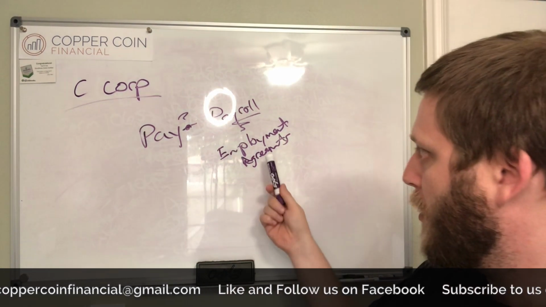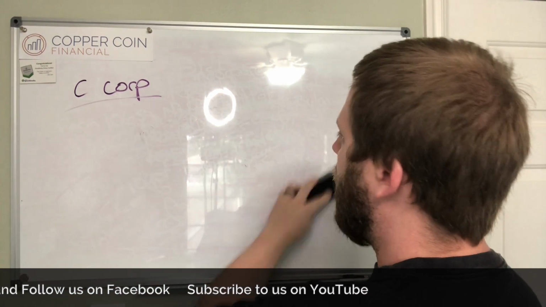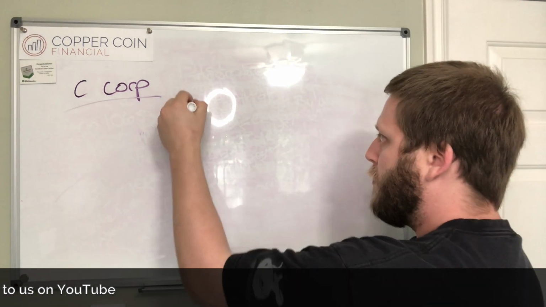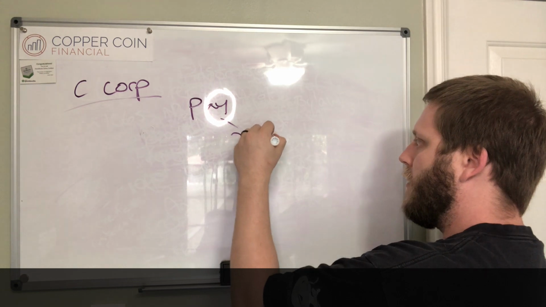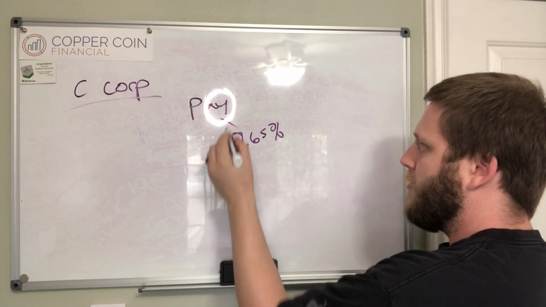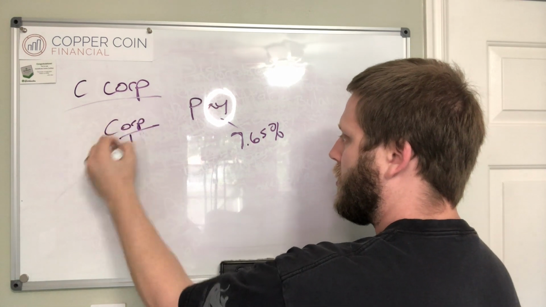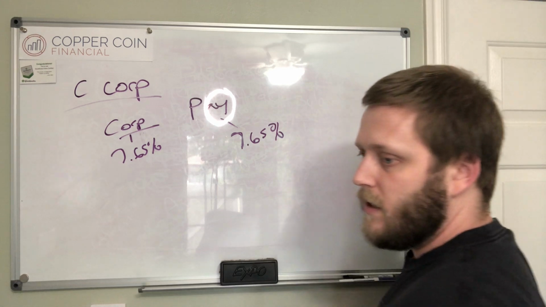Part of that pay is that when you do get paid, the company also has to pay taxes. Your pay is going to be subject to at least 7.65% withheld for federal, but then the corporation is also going to pay 7.65% in its payroll taxes.